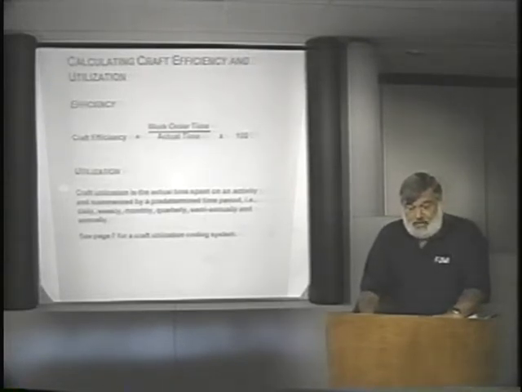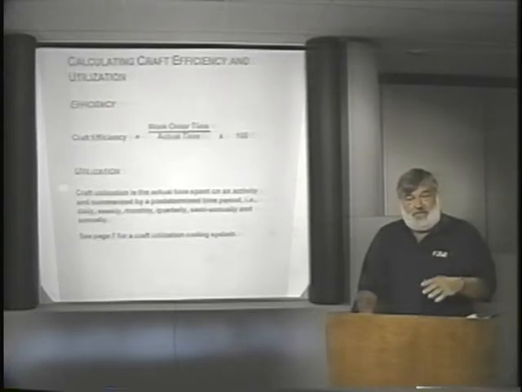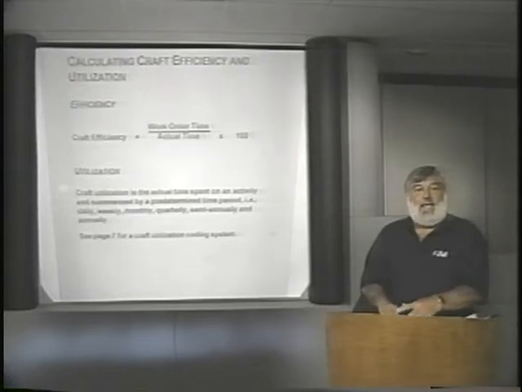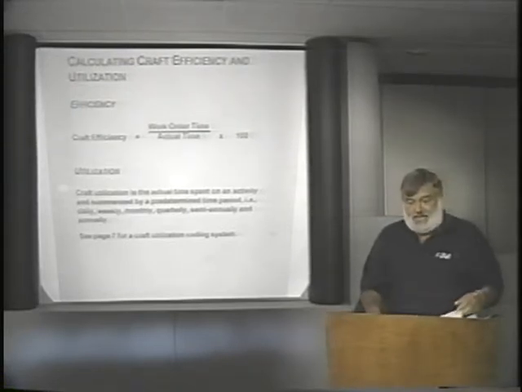Now, you can look at page number 7 as the note applies at the bottom of the page for utilization. So utilization is total time on the job. So we'll take a look in a moment or two at this utilization analysis.